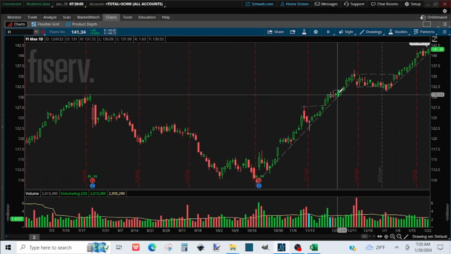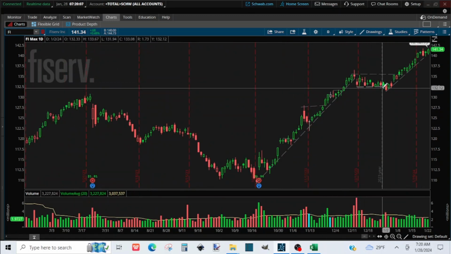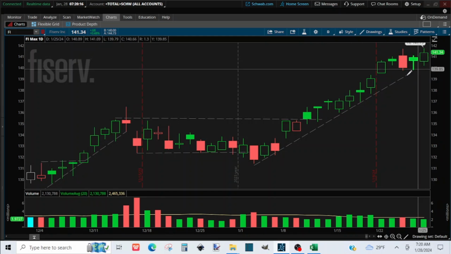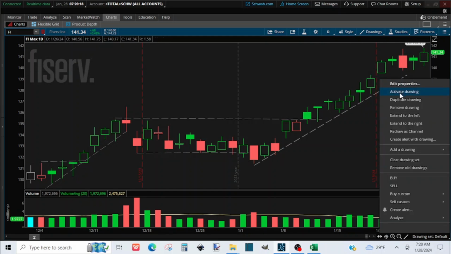So we have this trend that ended, a horizontal line that started and ended, and a vertical one that started again that we are on. So let's extend it.